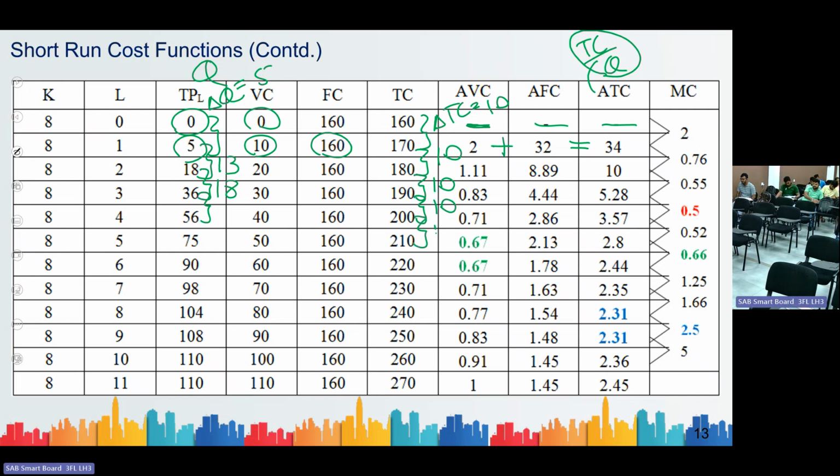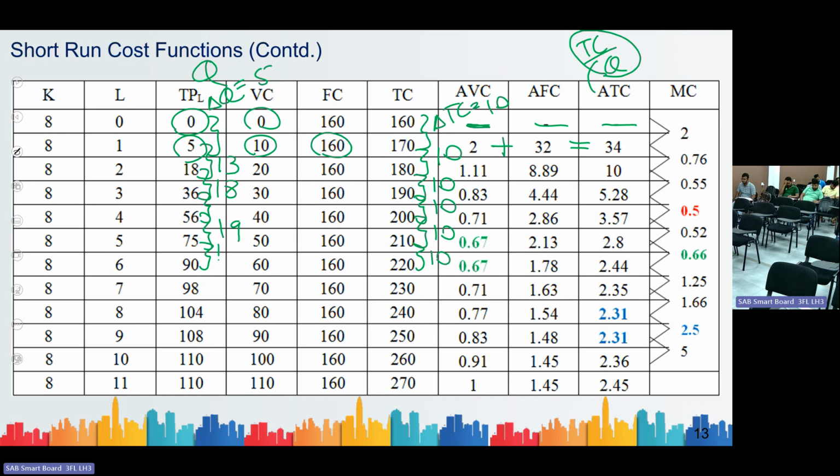Total cost increases by 10 here. Output increases by how much? 19. 10 divided by 19, the answer is 0.52. Total cost increases by 10 again.